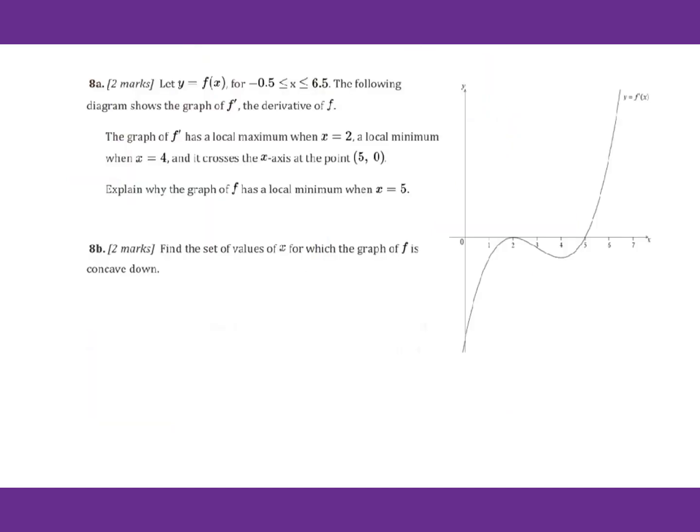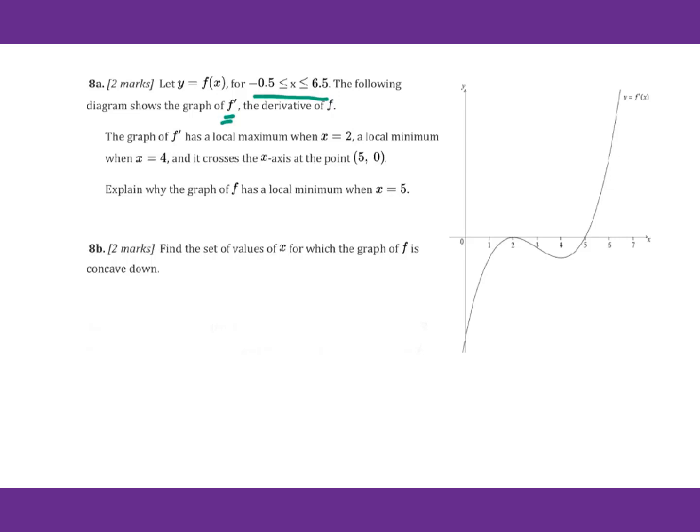Let's go to 8a. Let y equals f of x for x between negative 0.5 and 6.5. The following diagram shows the graph of f prime, the derivative of f.